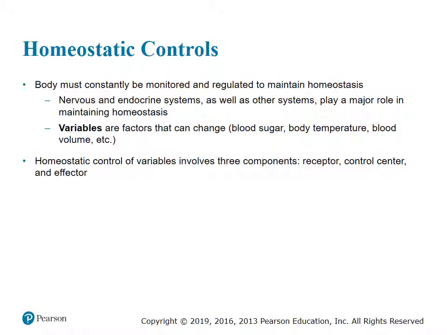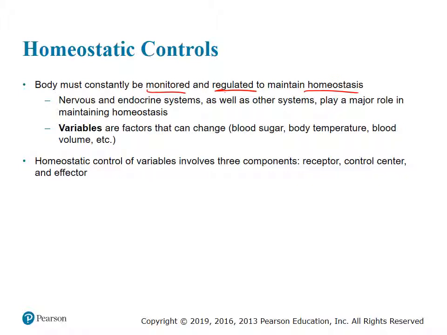Now, how do we do this? The body has to constantly search, read, and monitor that information, and then adjust for that information, that stimulus, whether that be on the outside of the body, or inside of the body, in our lungs, in our digestive system.